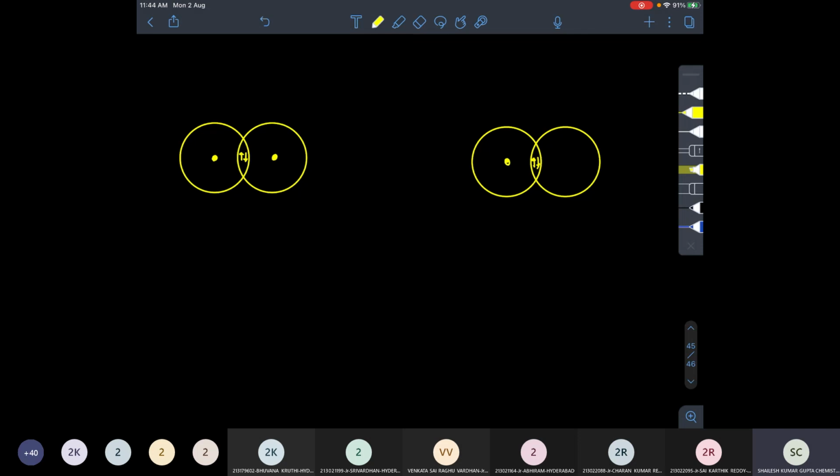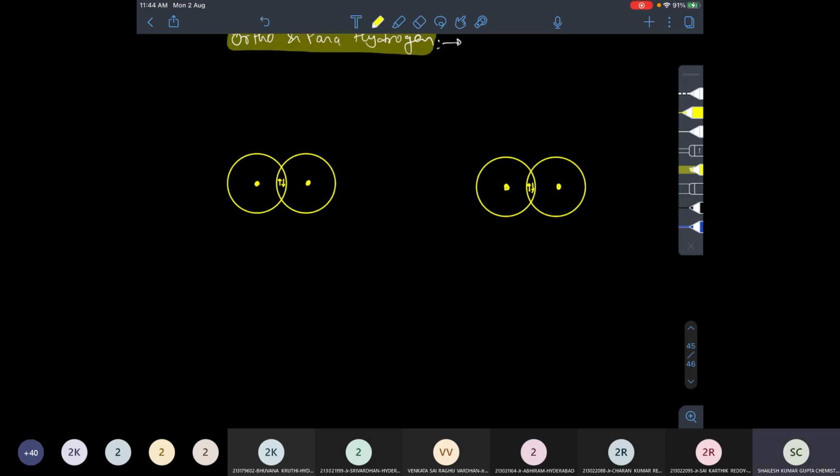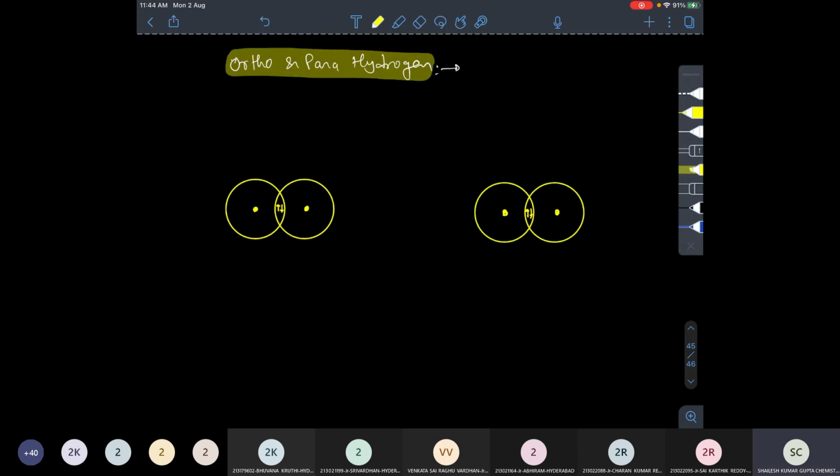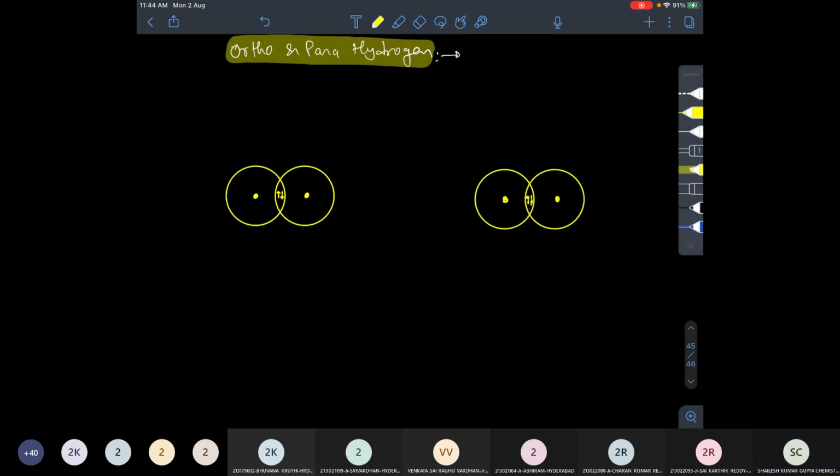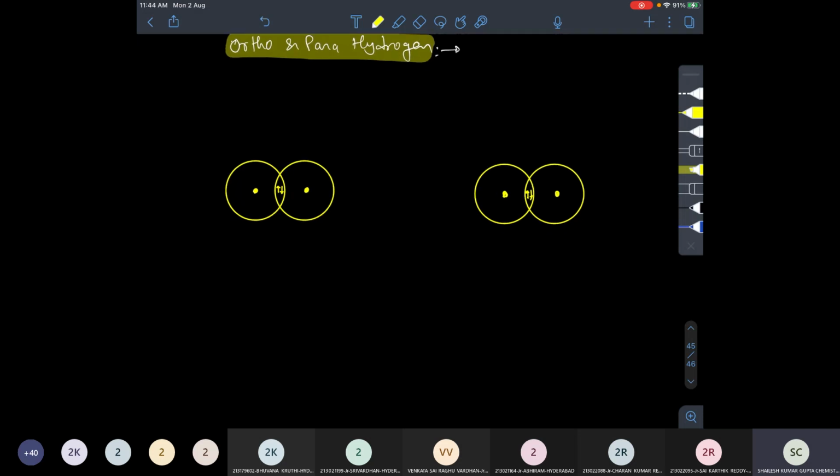Nucleus and nucleus. Right now, I'm talking about hydrogen, the protium one. Ortho and parahydrogen, I'm discussing about that, which is the most abundant one, right? So one particular form here I'm writing is ortho form, and the other side I'm writing is para form. I'll show you the difference.